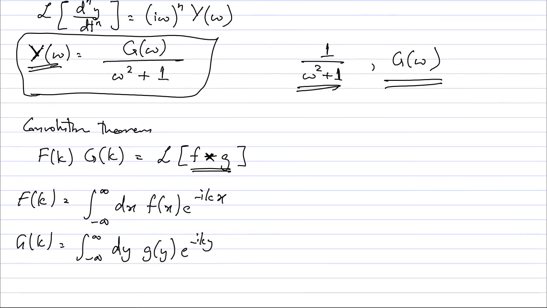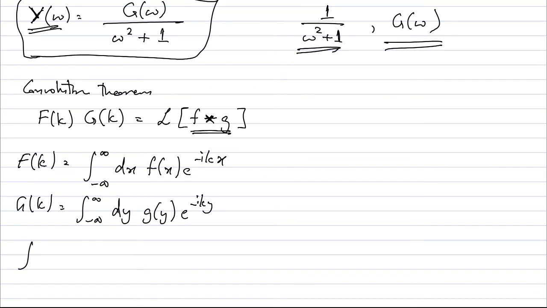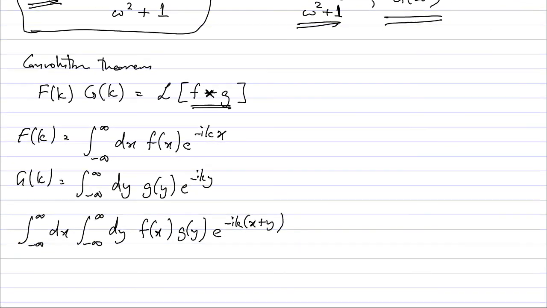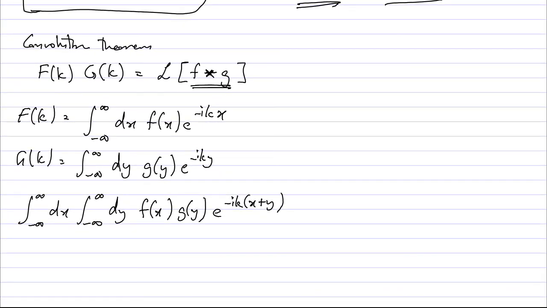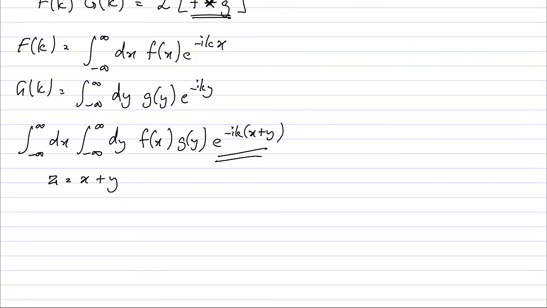Now you just put the two together because you're forming the product: the integral over x and the integral over y of f of x g of y e to the minus i k (x plus y). To simplify this exponent, we define a new variable, say let's call that z, and I'll get rid of y.